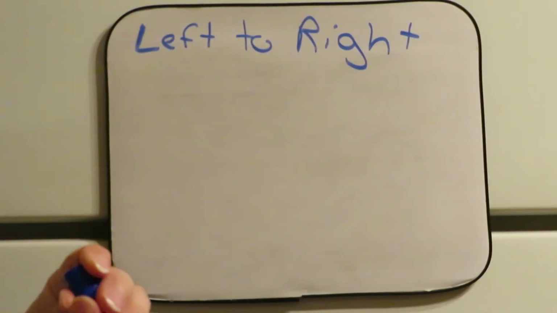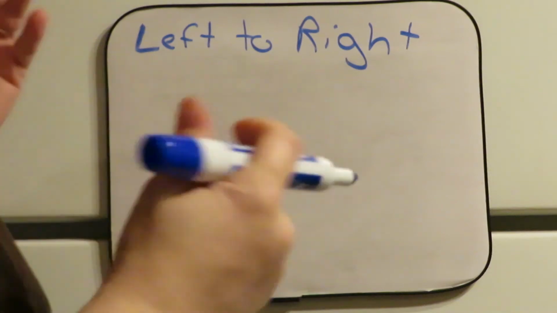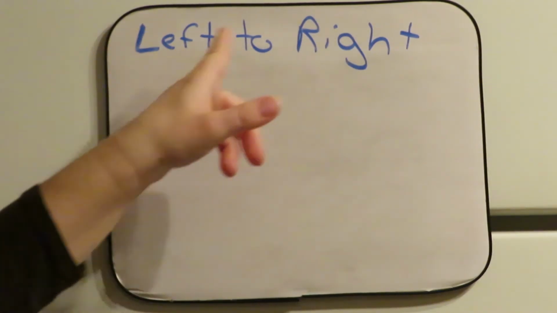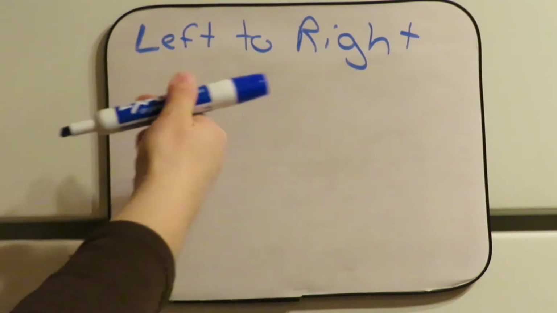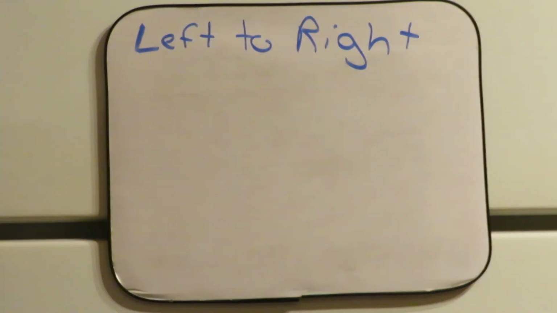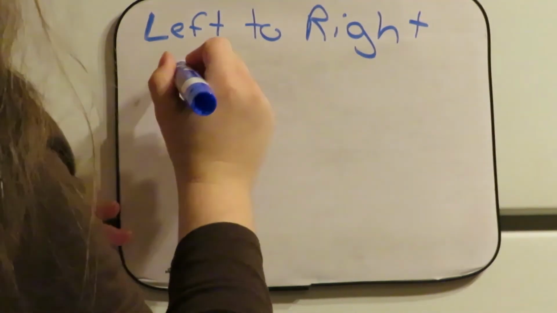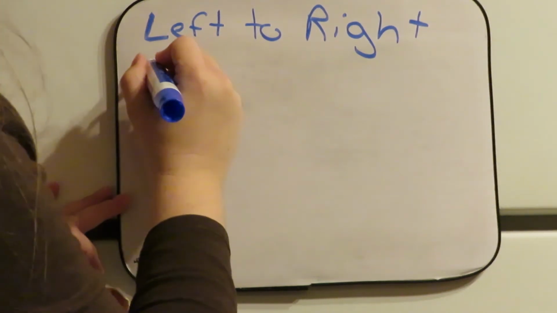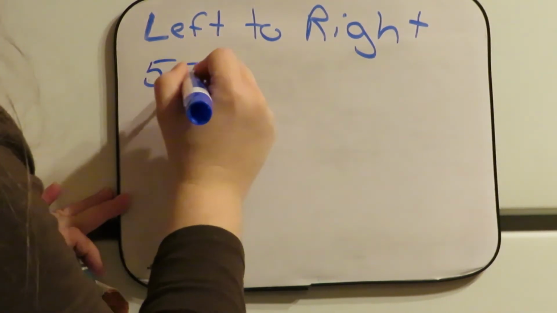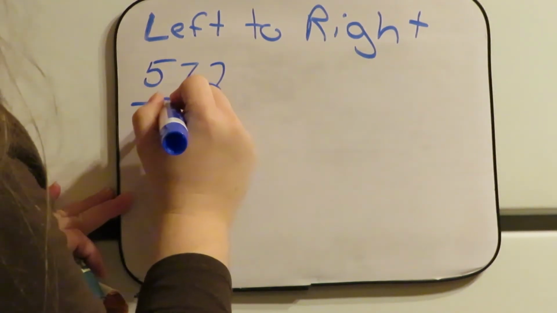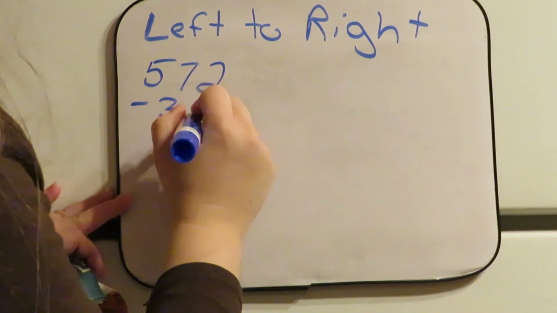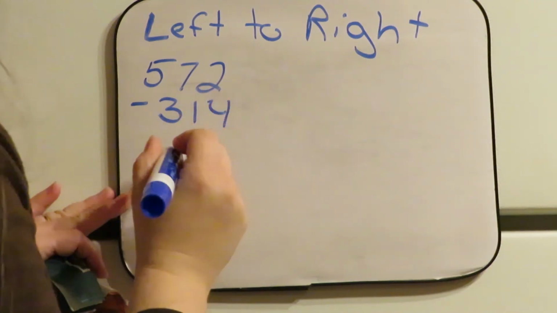Another way that children are taught to do subtraction is left to right. Left this direction to right. So let's say we have 572 minus 314.